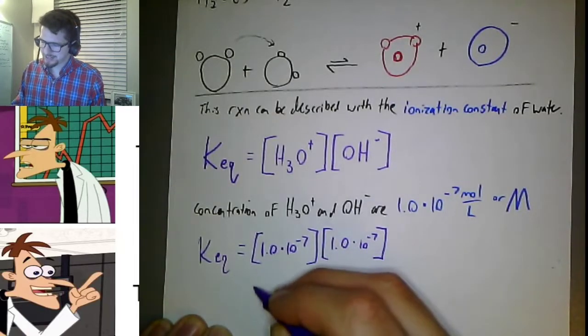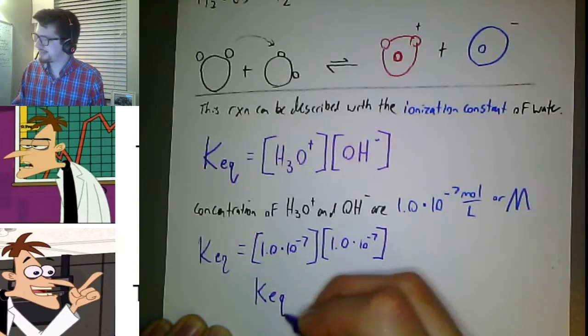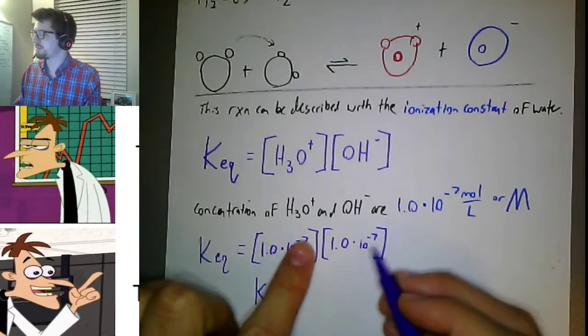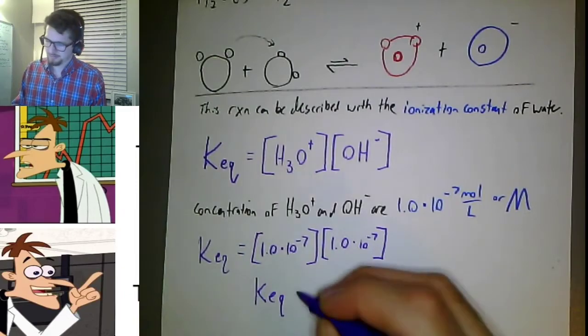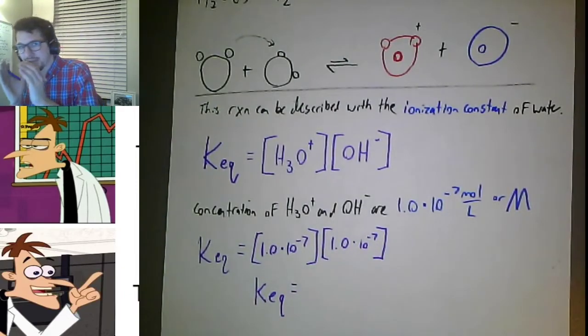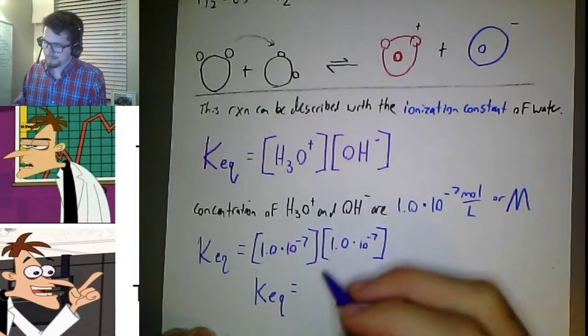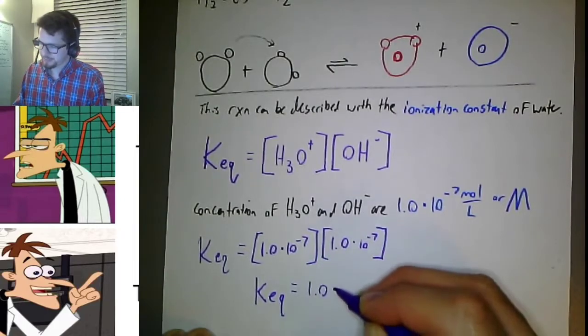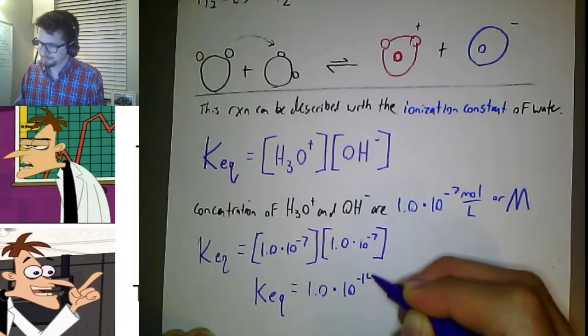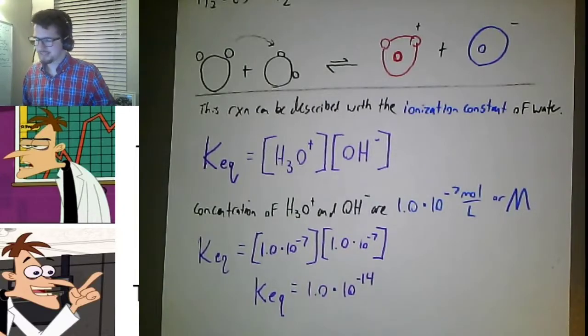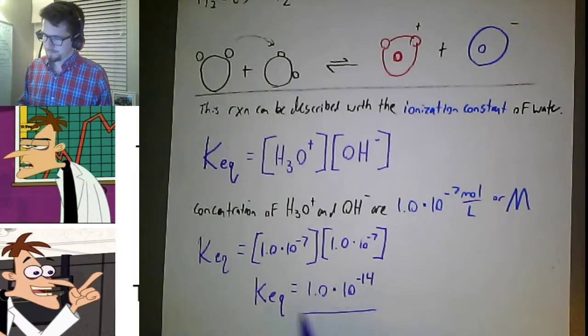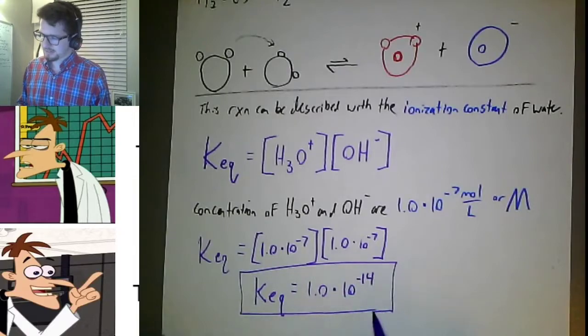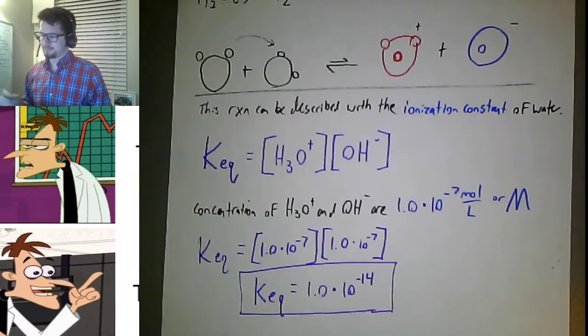And if there's any chance that you remember from math what you do to exponents when you multiply them together, you add them, then you would end up with 1.0 times 10 to the negative 14. And this is our ionization constant. Okay?